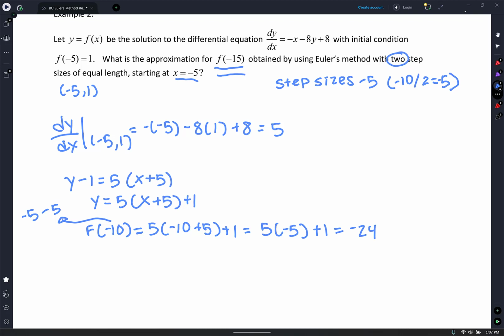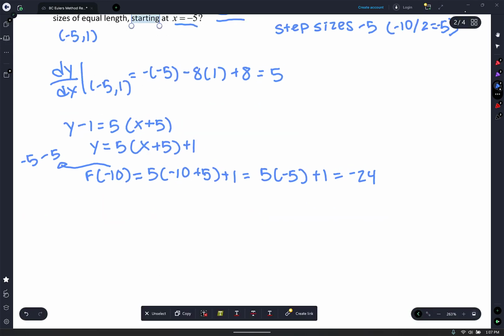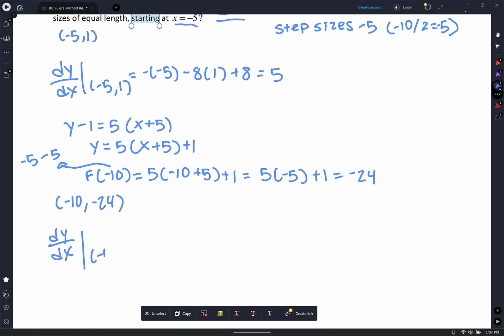We have to do one more to get our approximation for f of negative 15. So I'm going to use that point again to find my dy/dx. This is a bit of a crazier number, so I will be needing a calculator for this.